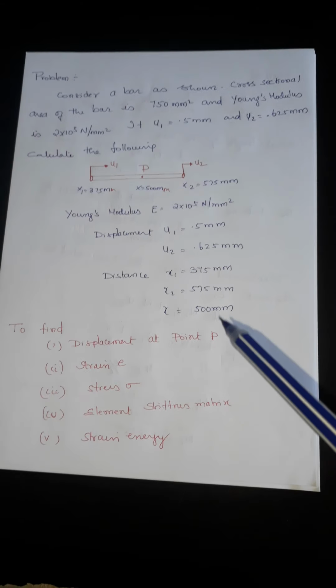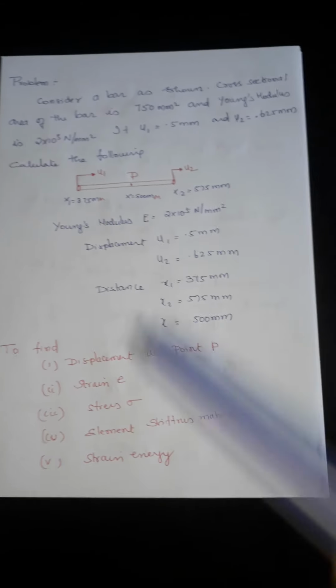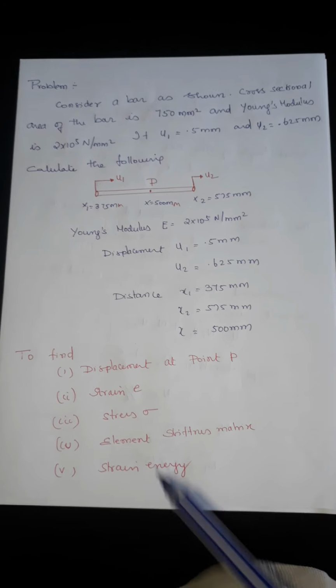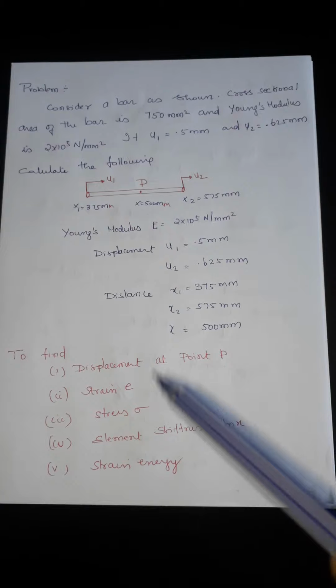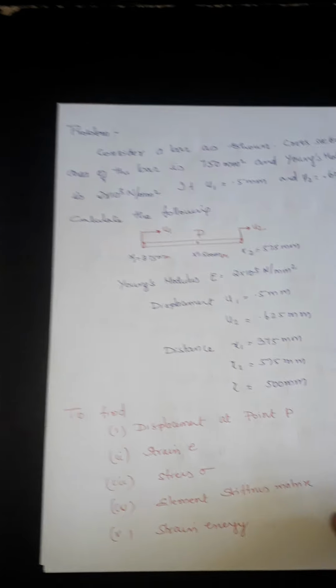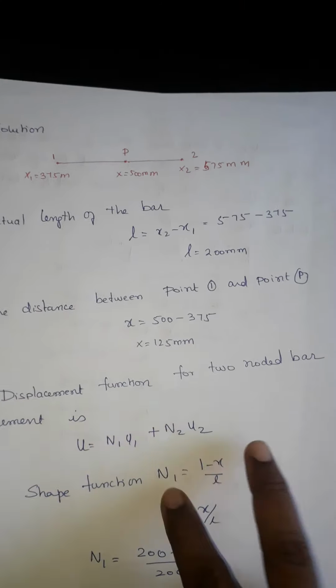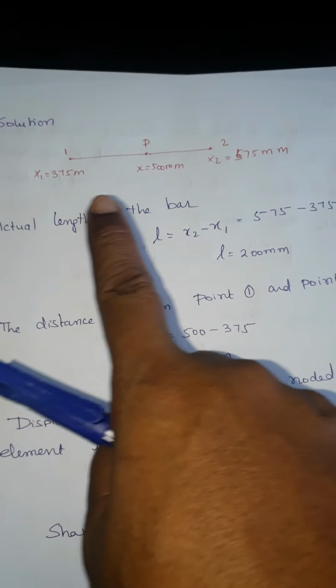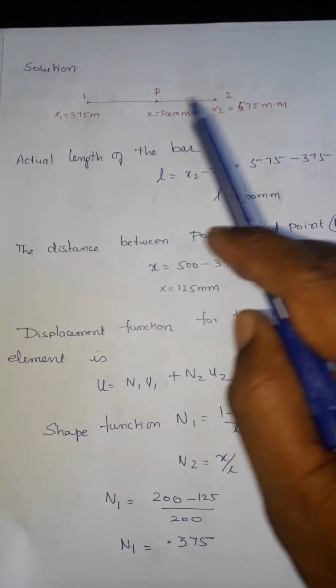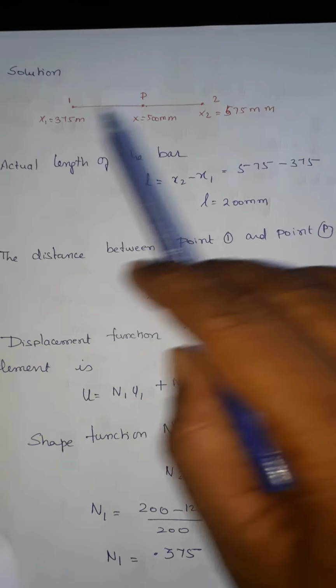With these data we have to find these five properties of the bar. So now we will get into the problem. x1 is equal to 375, 500, x2, everything I have written.